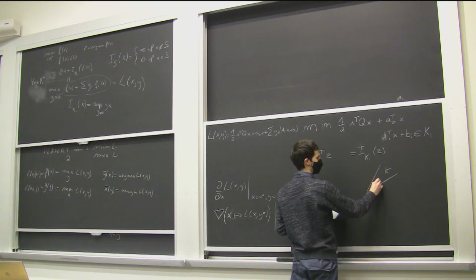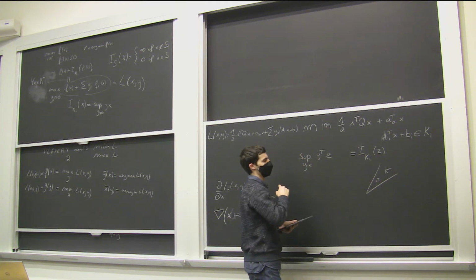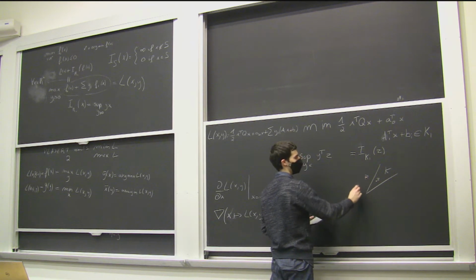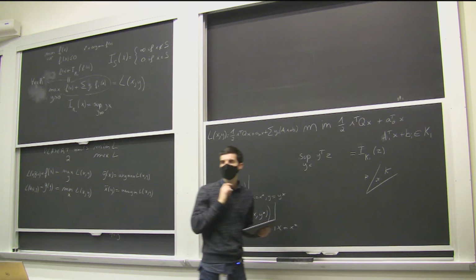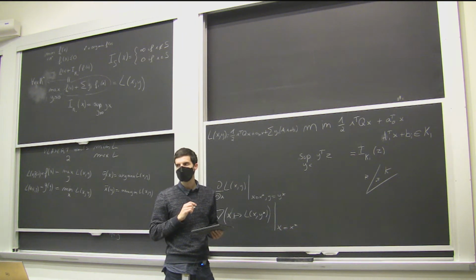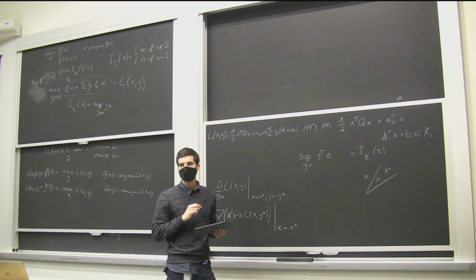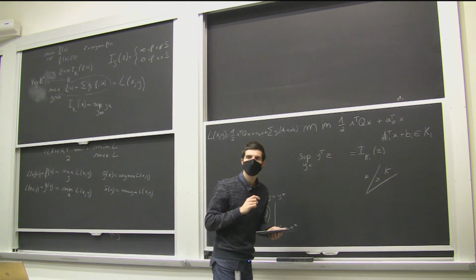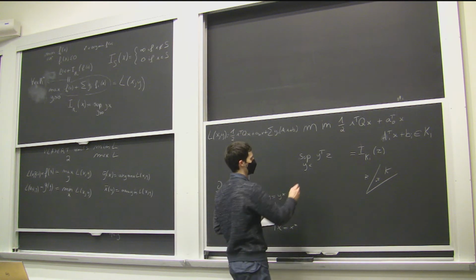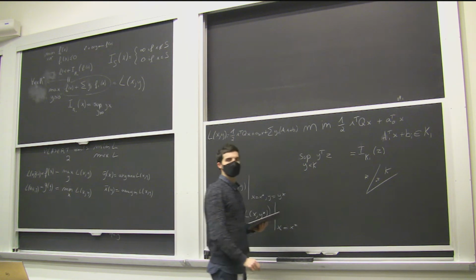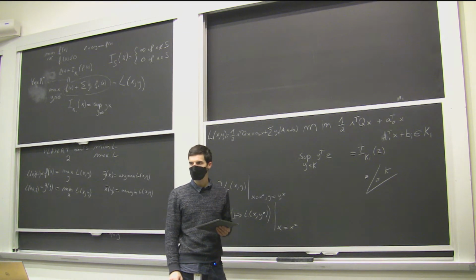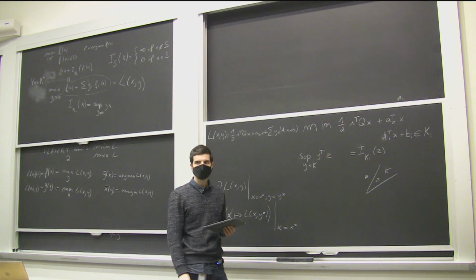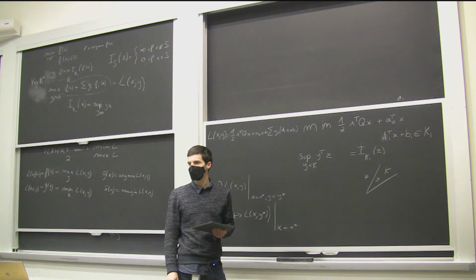Whenever z is in K_i, this supremum should be 0, and whenever z is not in K_i, the supremum should be infinite. Y is an element of the cone, an element of K. Do you know what the dual of a convex cone is?